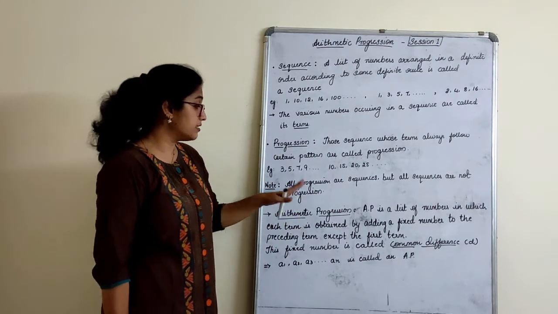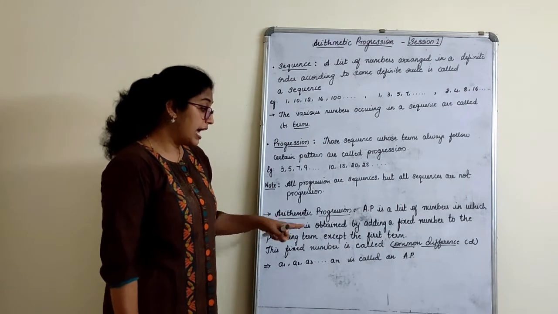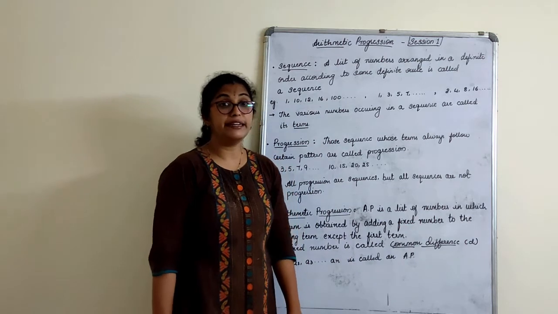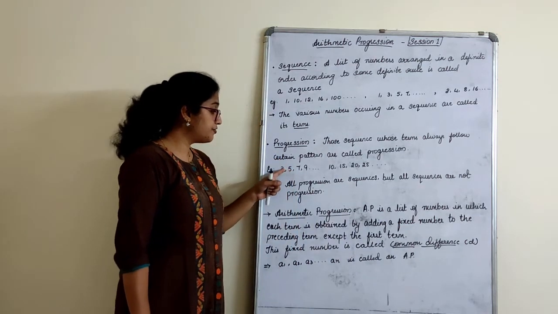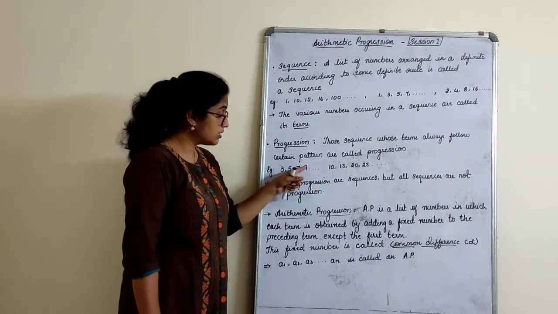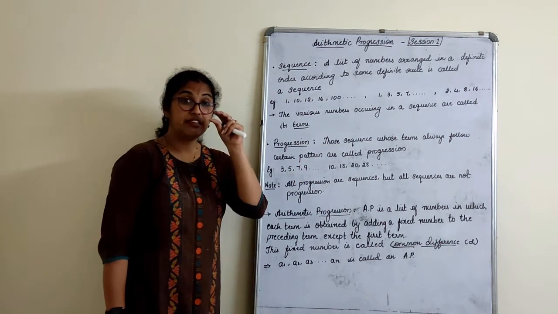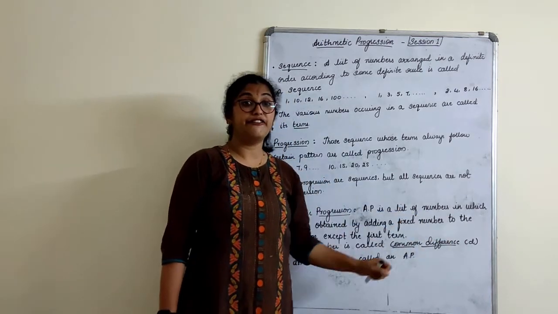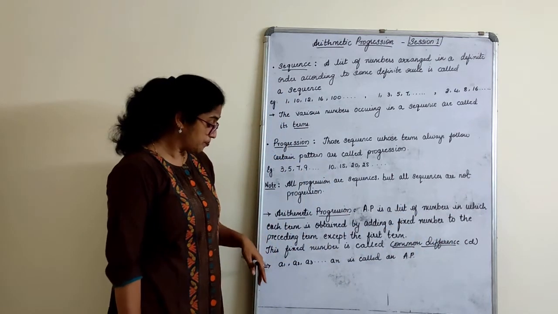That is how we get an arithmetic progression. And that fixed number is called the common difference. If you see here, 5 minus 3 is 2, 7 minus 5 is 2, 9 minus 7 is 2. That fixed number is constant. That is called the common difference of the arithmetic progression.